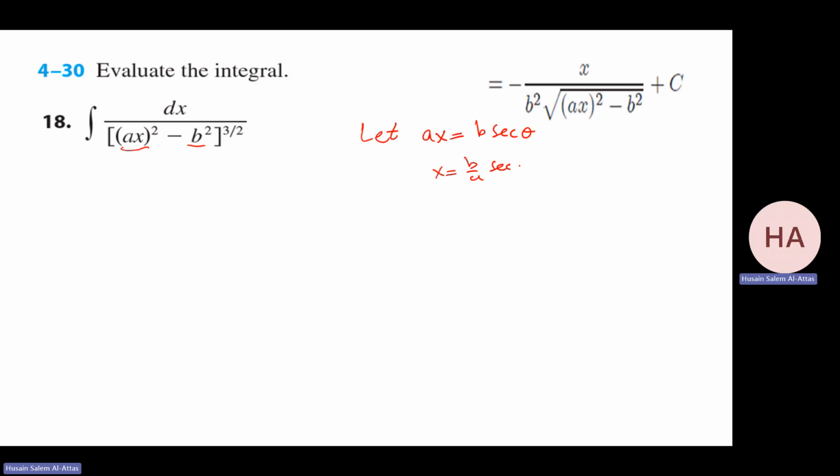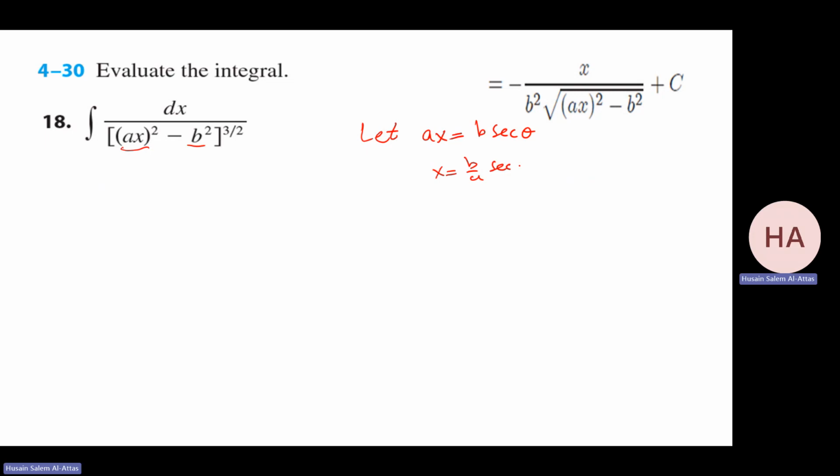Which is into sine and cosine. Let w equal sine theta.